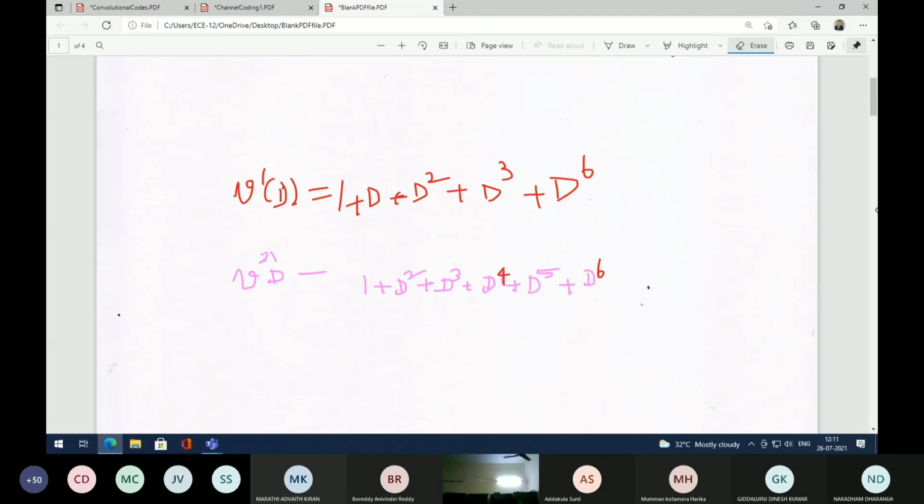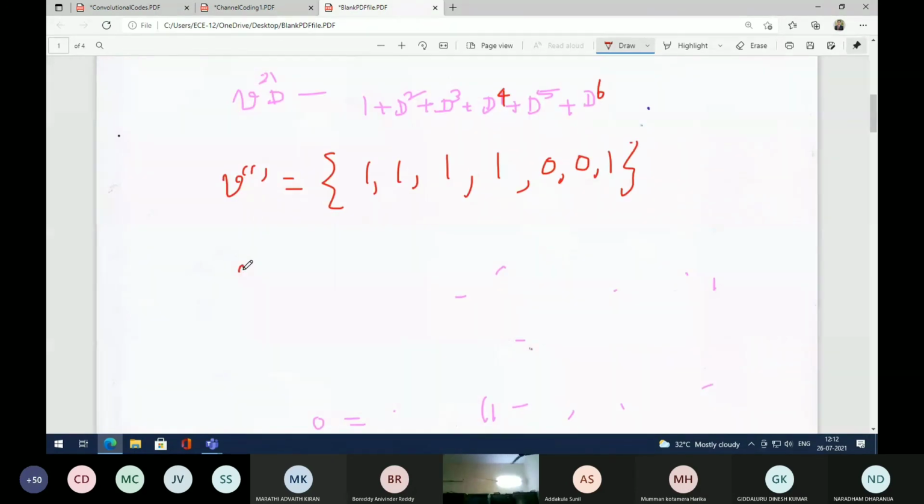Now, what are the corresponding outputs? Let us find out. Your V1 for the given input is 1 1 1 1 0 0 1.